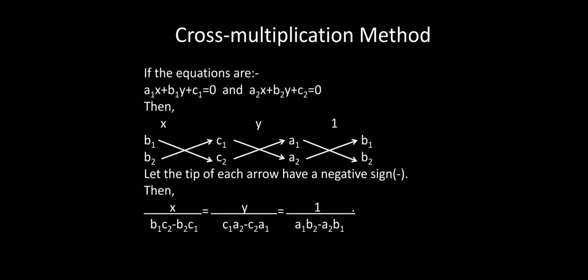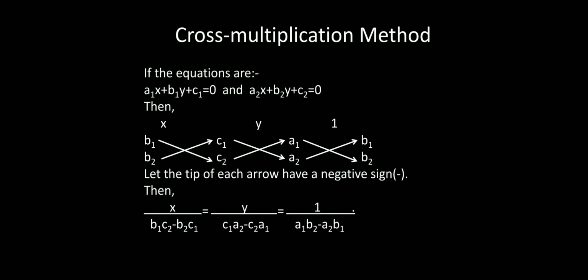Okay, so this cross which you are seeing between the arrows: x is, and then we are writing b1, b2, c1, c2, a1, a2, b1 and b2. So b, c, a, b: on either side we have b, and between, c and a.